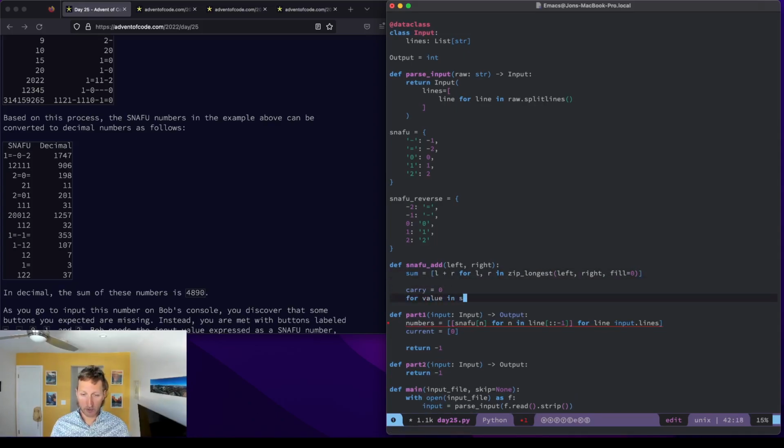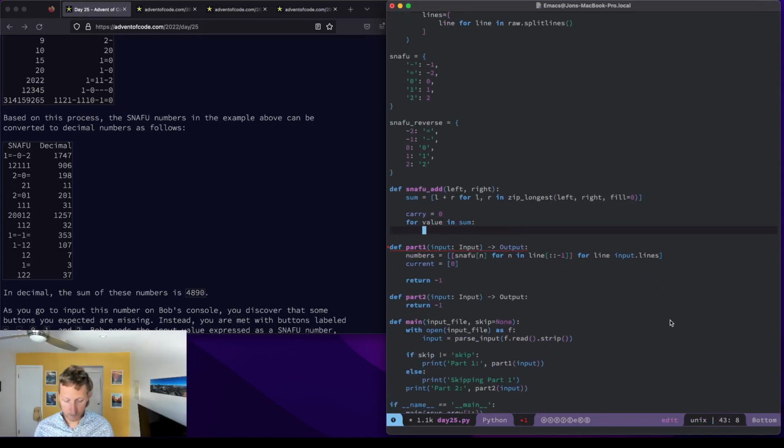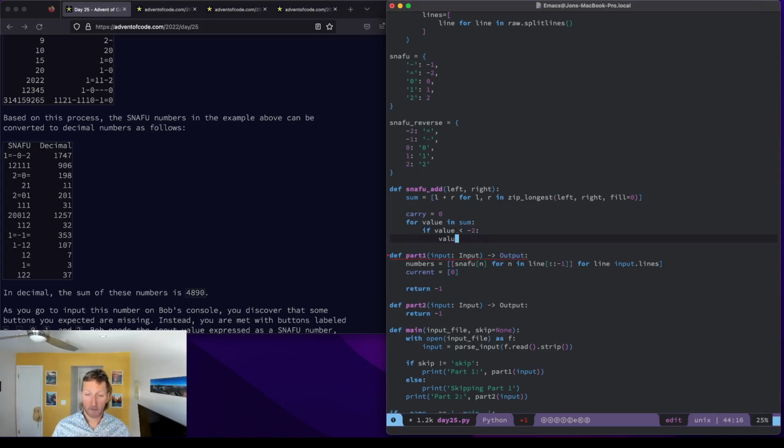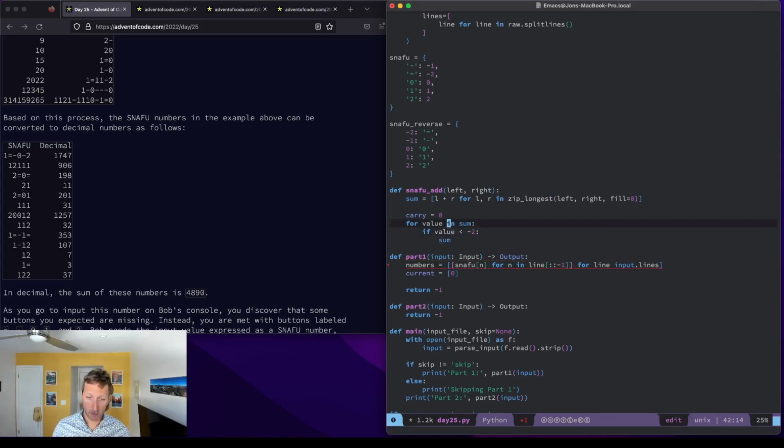For value in sum, if value is less than -2, then for i in range(len(sum)), we're going to add a 0 on the end. And the reason we added 0 on the end is just in case we need to carry a value out there.